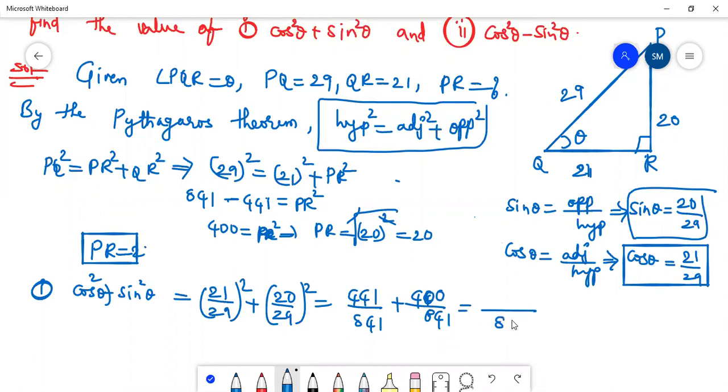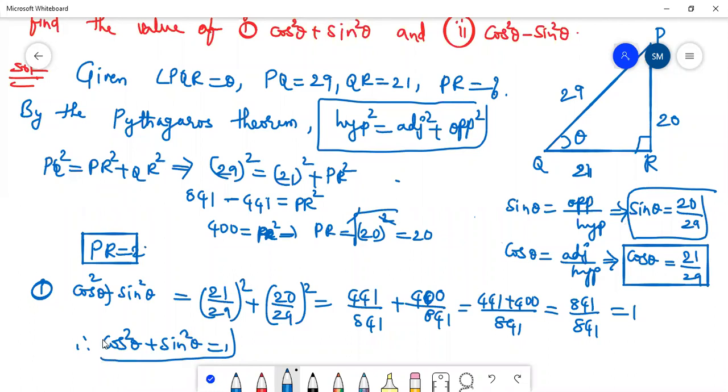Taking the LCM 841, in the numerator 441 plus 400, it is equal to 841 by 841. This is equal to 1. Therefore, cos square theta plus sin square theta equal to 1. This is the standard identity in trigonometry.